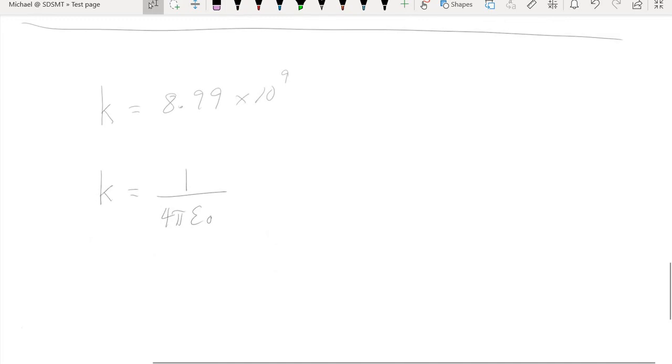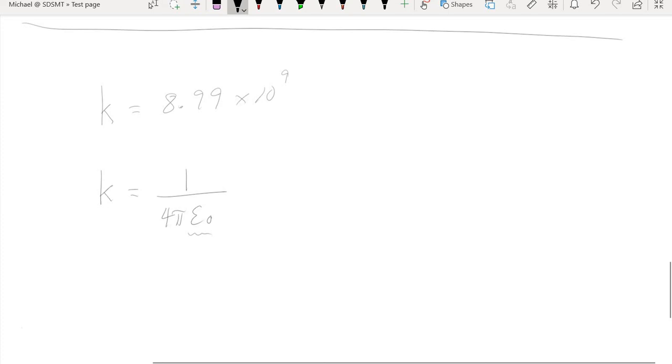And if you're going along with the reading and some of the homework, you may have even already seen this pop up at some point. And you might be thinking, well, why do we have to do that? And what's this epsilon naught here?